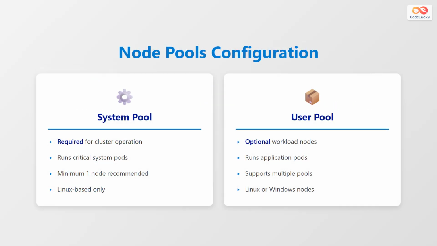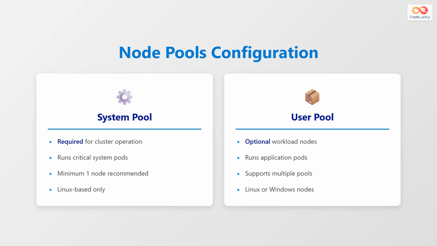AKS uses the concept of node pools to organize and manage worker nodes. There are two types of node pools. System pools are required for every AKS cluster and run critical system pods that keep the cluster operational. You need at least one node in a system pool, and they must be Linux-based. These pools ensure your cluster's core functionality is always available.